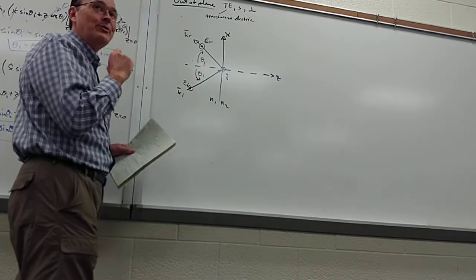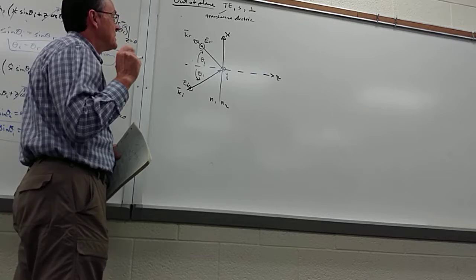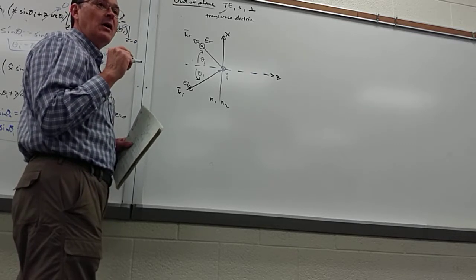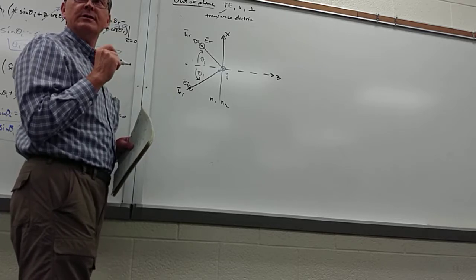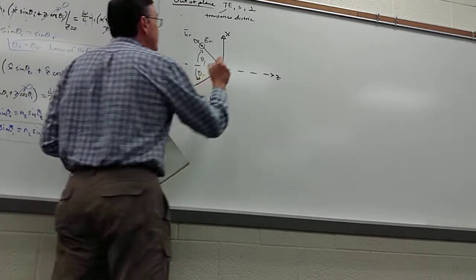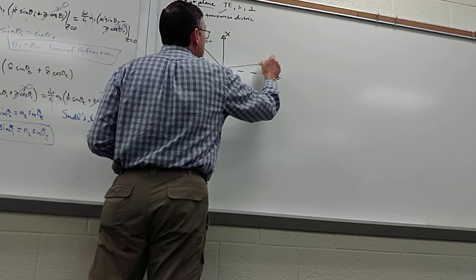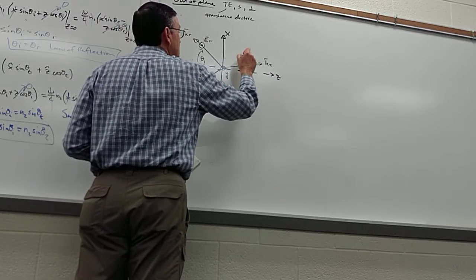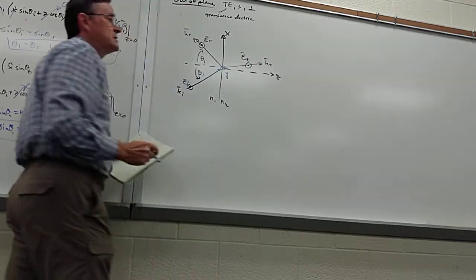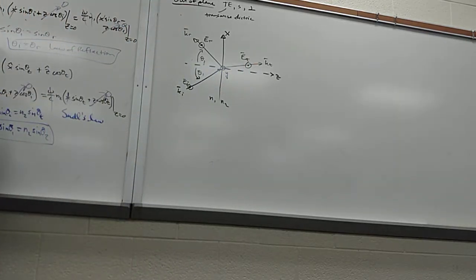We're going to explore that thoroughly, because people often get tripped up over the ramifications of this choice, and I don't want you to ever get tripped up over it. Okay, and then we have the transmitted wave vector. We're going to assume that the transmitted field is out of the plane of the board.